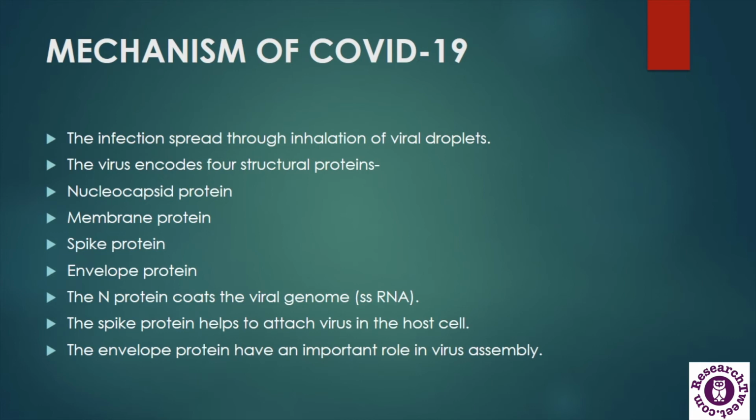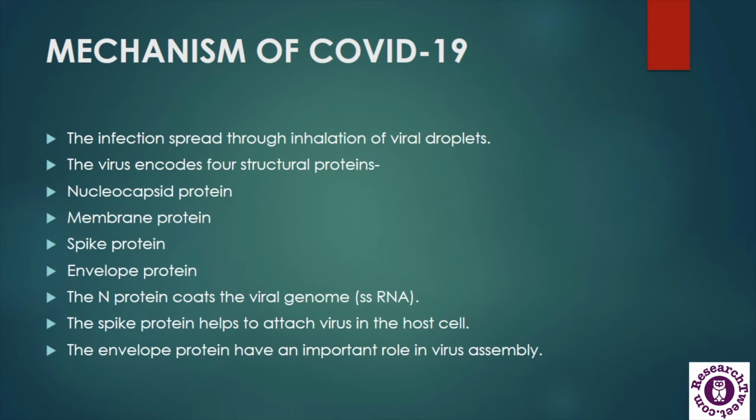So basically this virus encodes four types of structural proteins, as we have discussed in the diagram. These structural proteins are nucleocapsid, membrane protein, spike protein and envelope protein, also named N proteins, M proteins, S proteins and E proteins respectively.